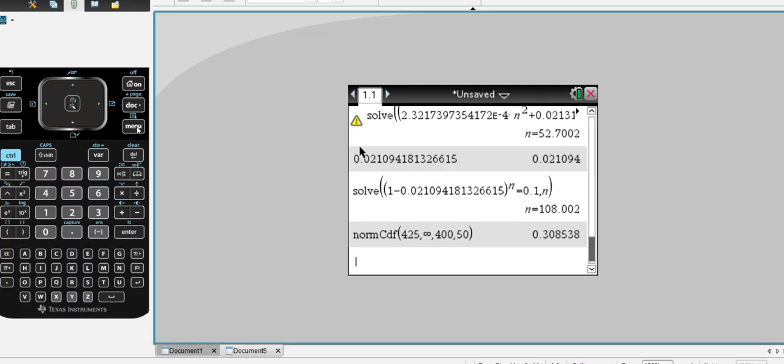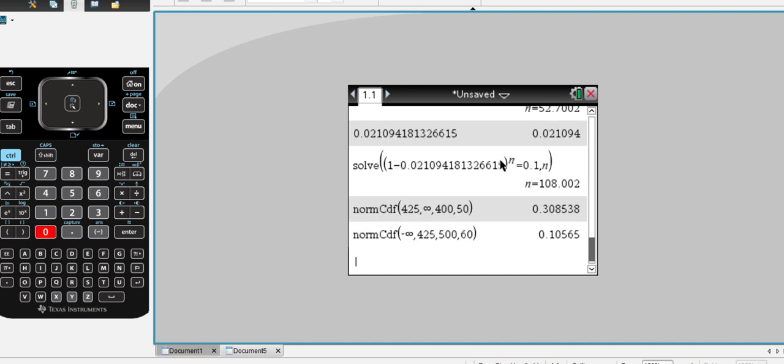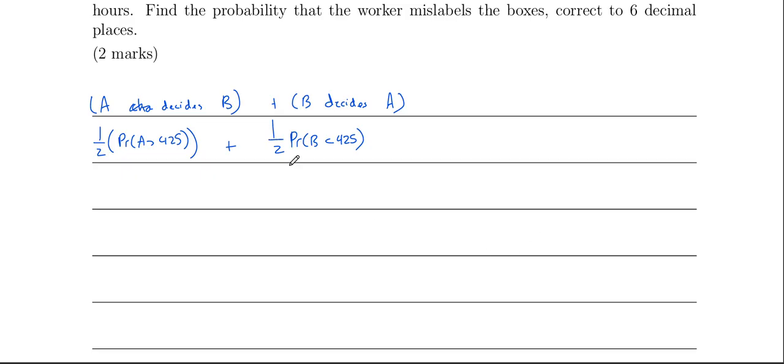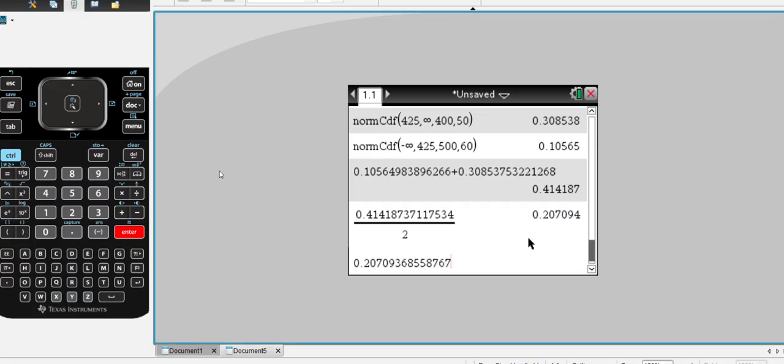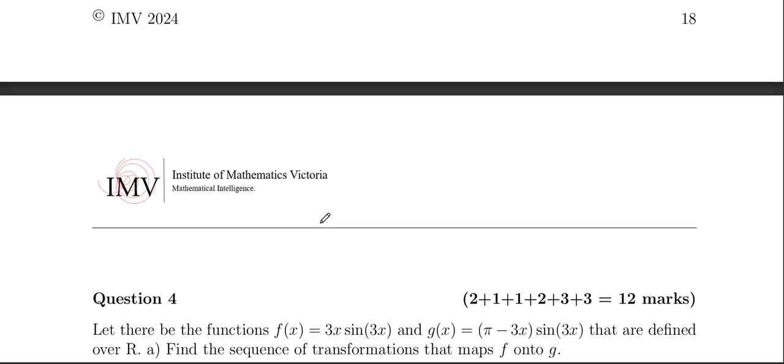So menu 552, less than 425, 500, and then 60. And then we're going to add these two together and then divide by 2 because of the half. And this gives us how many decimal places? 6. Oh, let's just put that down there. 0.207094. There we go. All right.